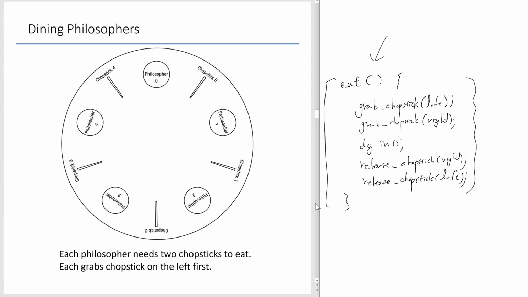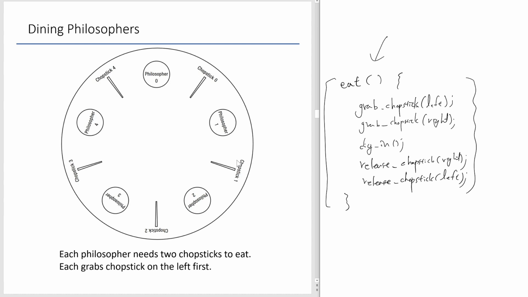So when philosopher 2 is following this algorithm, philosopher 2 first tries to grab chopstick number 2 and then chopstick number 1, and after that works on his meal and then releases chopstick 1 and releases chopstick 2. And all philosophers follow this same rule. Also, it is important that if the philosopher tries to grab the chopstick on his right, and the chopstick is not available, it's being used by philosopher 1, and philosopher 2 is trying to grab chopstick 1, then philosopher 2 has to wait.